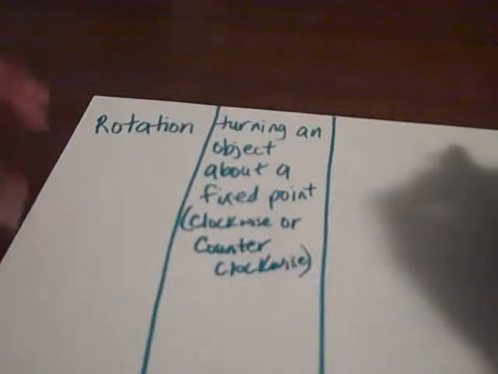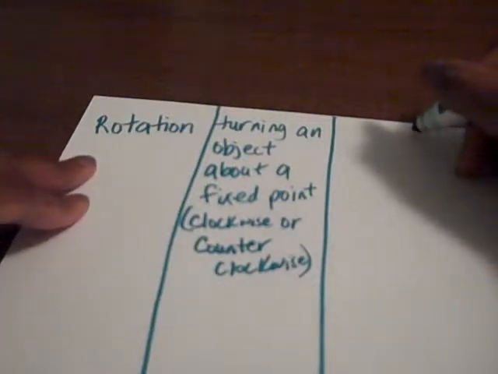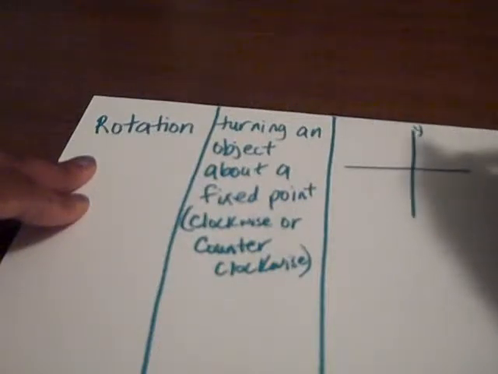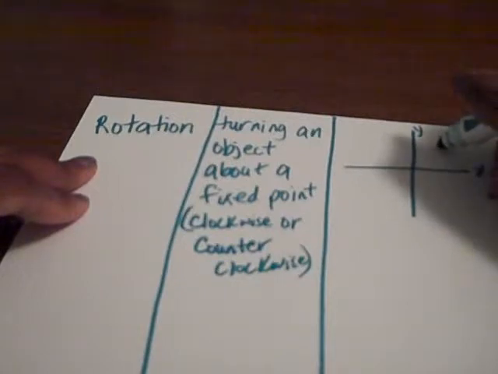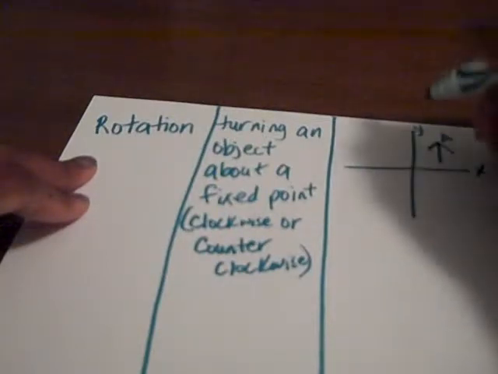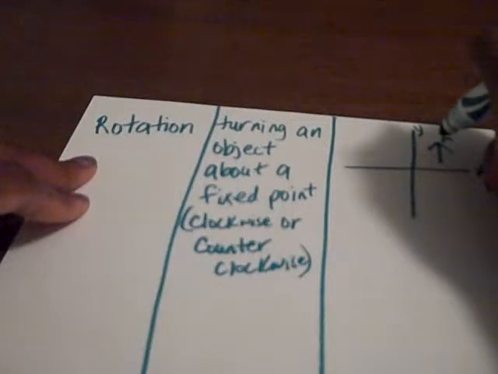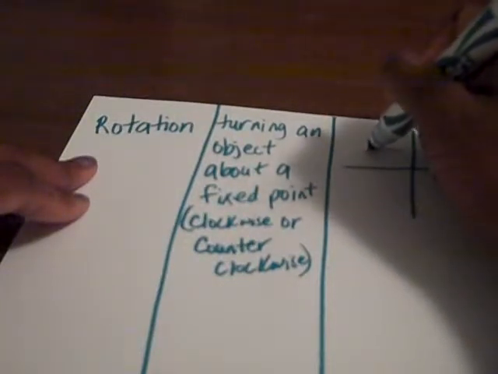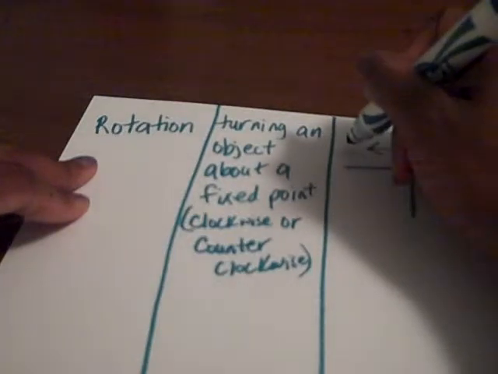A picture to reflect my rotation. If I'm on a coordinate plane, so here's my y-axis and here's my x-axis, and I start with my original figure, my pre-image, with point A here at the tip of my arrow. If I rotate it counterclockwise, that means that my arrow is now going to turn towards the left.